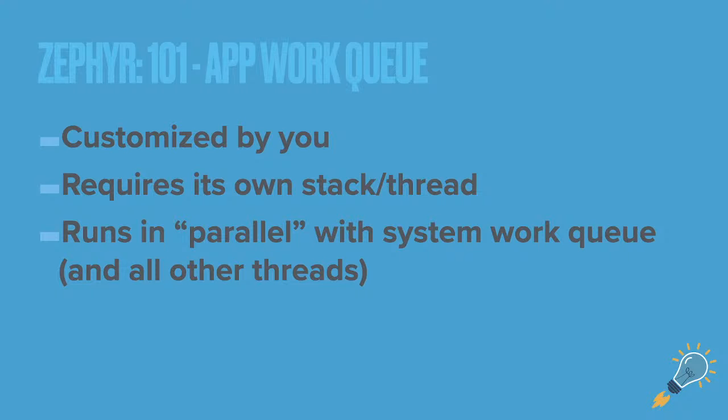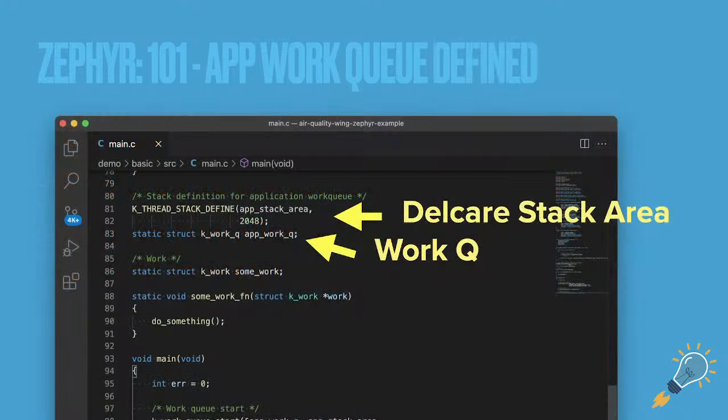But you can also create as many work queues as you want. You're limited by the amount of memory you have on your microcontroller. You're creating it, you're setting the stack size, and then essentially you're creating another thread that processes your own work queue or work items. Here's an example. I've created a thread stack definition.